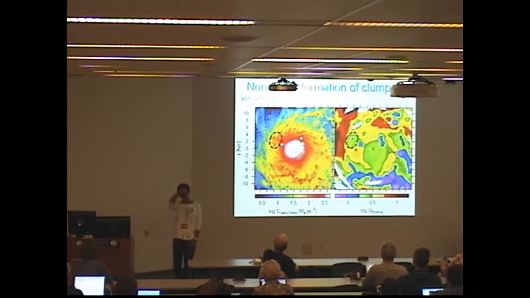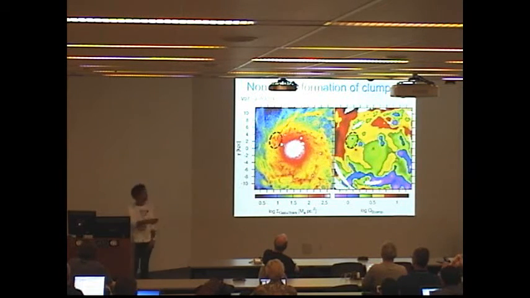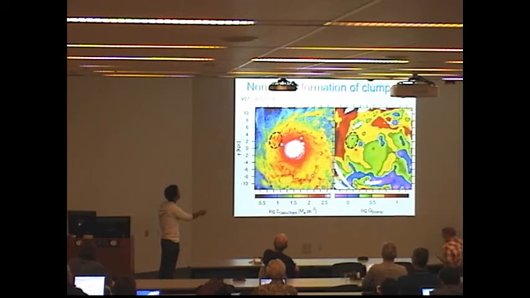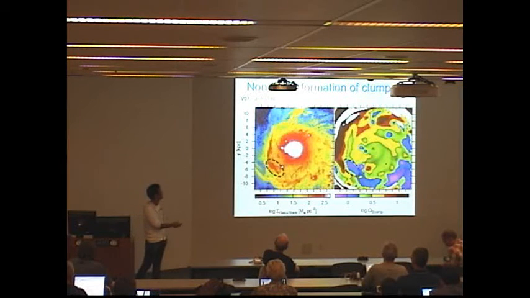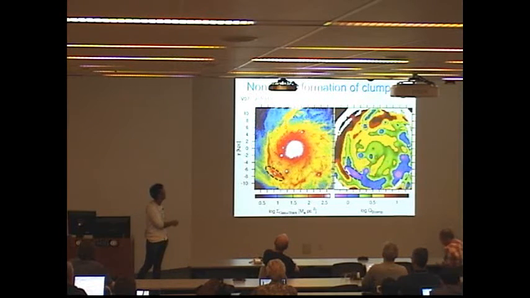So what I want to know is, what Q values does the clump formation start with? I'm showing volume density here and the Q map here. Look here, this is a clump region. Next one, and next one. Now the clump formed here.